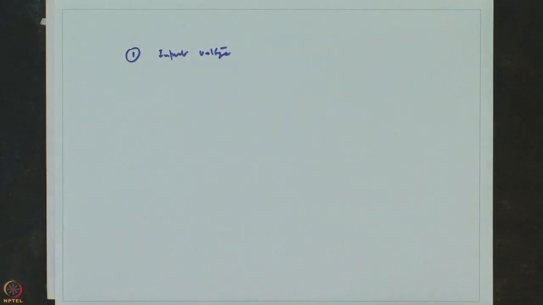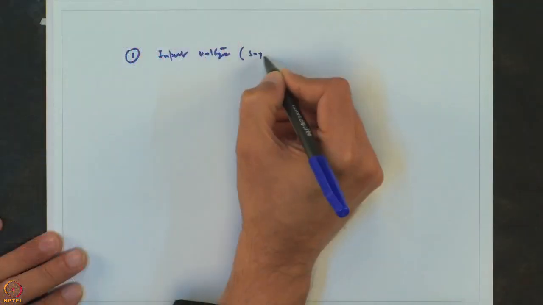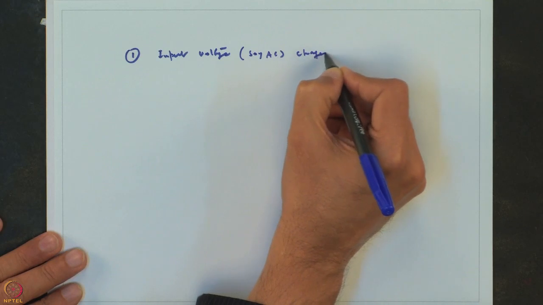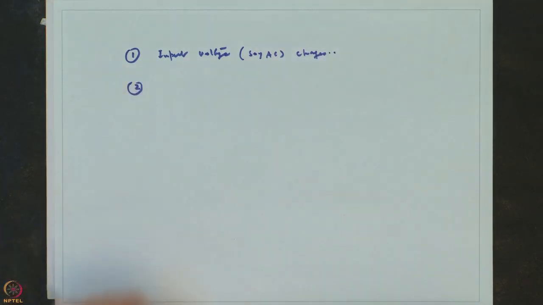For example, if we are trying to get the basic voltage from an AC voltage source after rectification and the AC voltage changes, then my voltage changes. So, the input voltage, say AC, changes. The other problem is that the load conditions might change. The need for keeping the voltage constant under these conditions can be understood by reviewing the definition of an ideal voltage source.